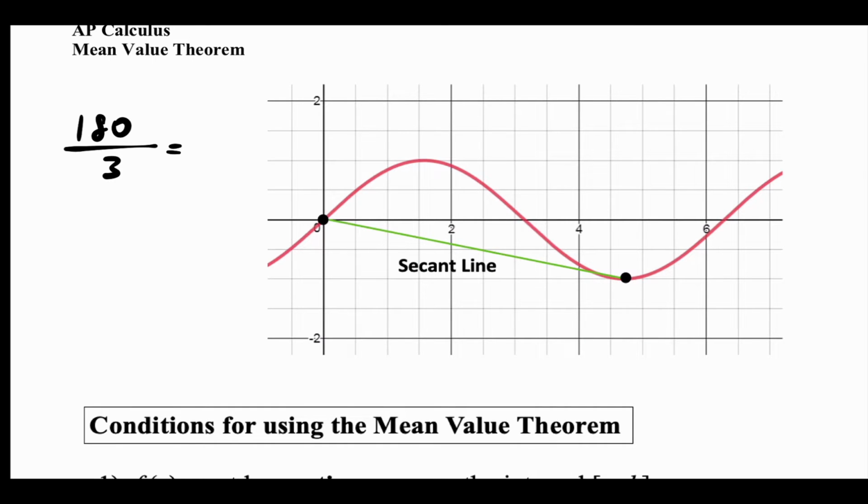Took me 3 hours. So that means I averaged 60 miles per hour, right? What the mean value theorem says is, since you averaged 60 miles an hour, that means at least one time in your trip, at least in one instance, you were going 60 miles an hour.